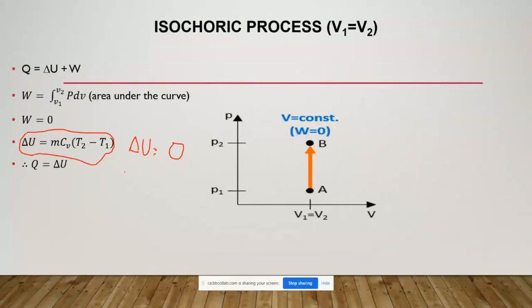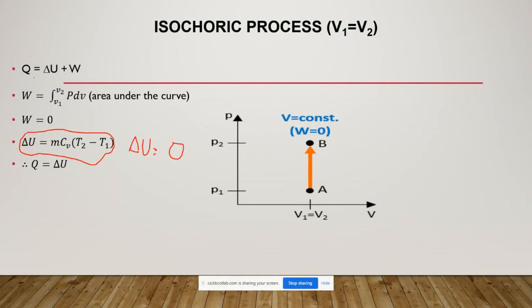Let's start with the first one, which is the PV diagram of a constant volume process. Now again, can you see that Q is capital Q, delta U is capital U, and capital W? So we are dealing with total work done, total internal energy, and total heat.